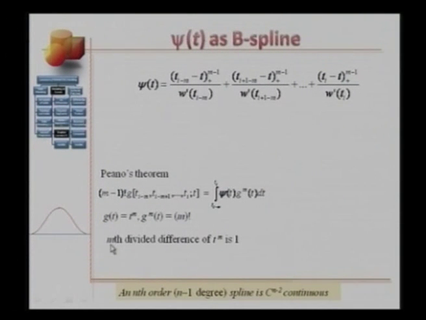You'd also notice that the mth divided difference of t raised to m is 1. You can check this out for values of m equals 1, 2, 3, and so on.